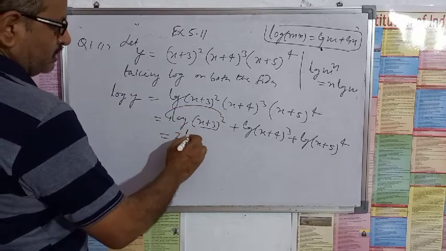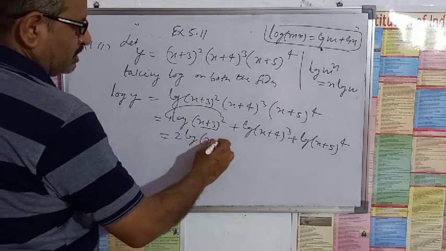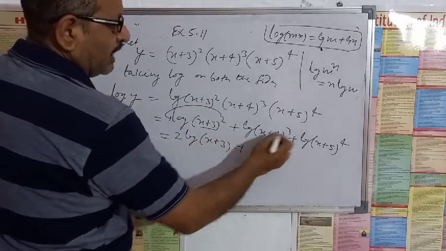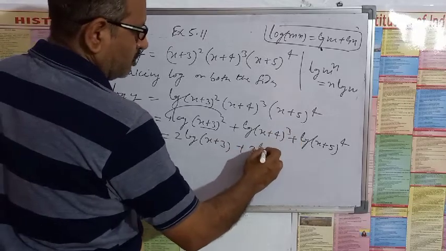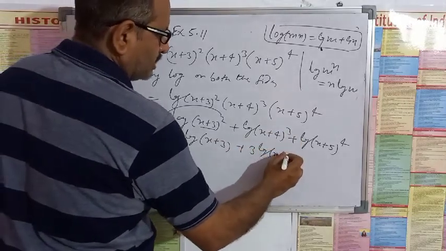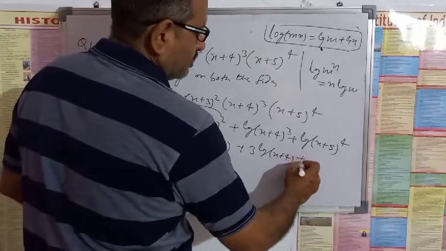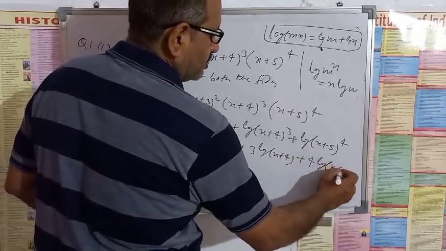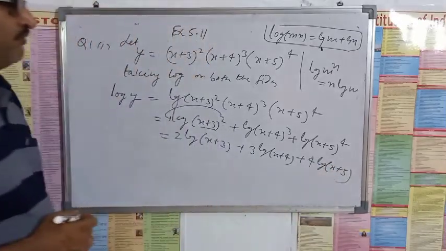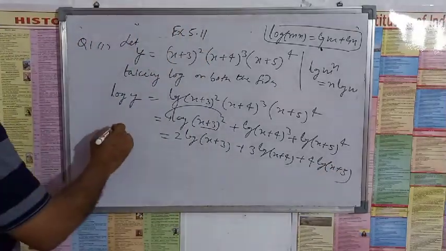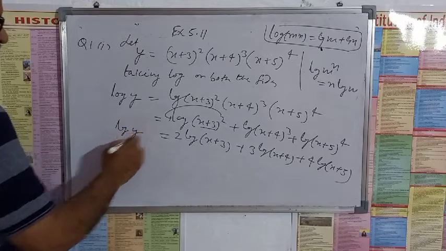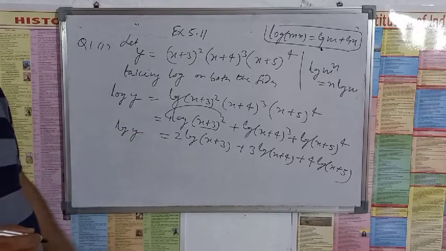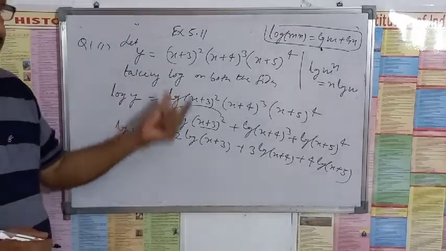So 2 log (x plus 3), and here 3 log (x plus 4) plus 4 log (x plus 5). This is log y. So using logarithm, we have simplified it.